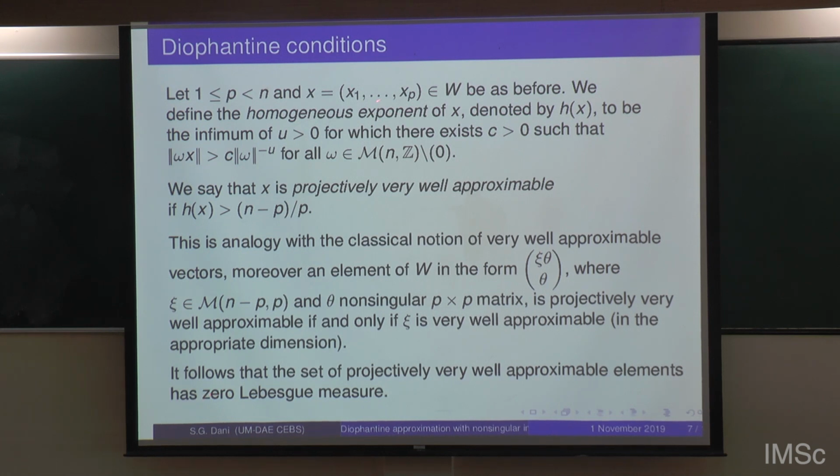So if I take x1, x2, ..., xp which are projectively very well approximable, that's a set of measure 0 because it is projectively very well approximable only if this xi is very well approximable, and that's a condition satisfied only by a set of measure 0 of (n minus p) cross p matrices.